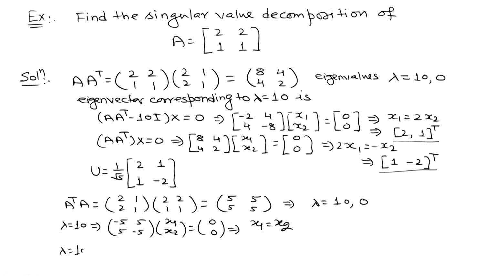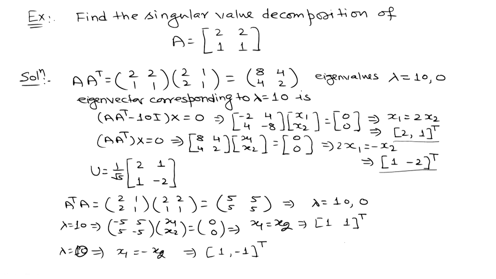Similarly, if I take lambda equals 0, this gives me an eigenvector 1 1 transpose, and from here I got x1 equals minus x2. So, I got another eigenvector 1 minus 1 transpose.